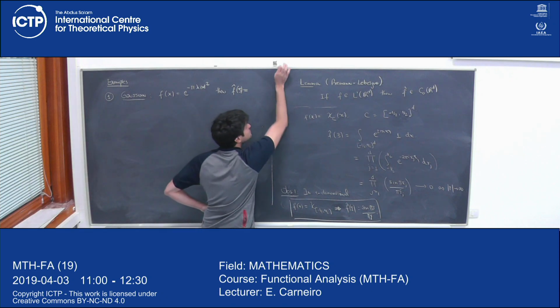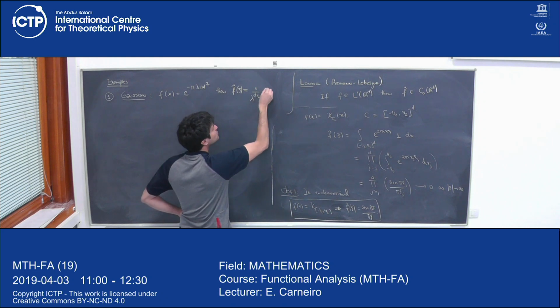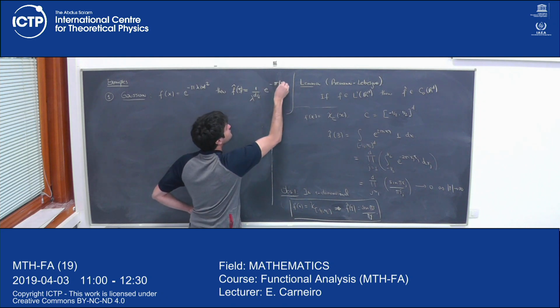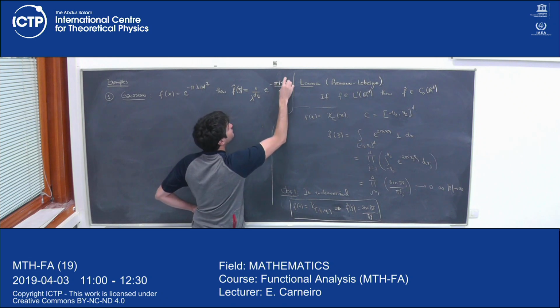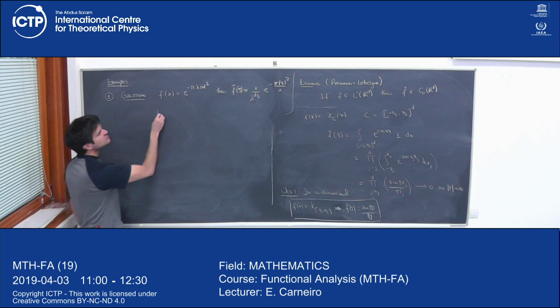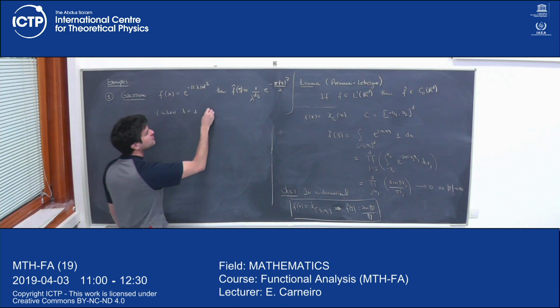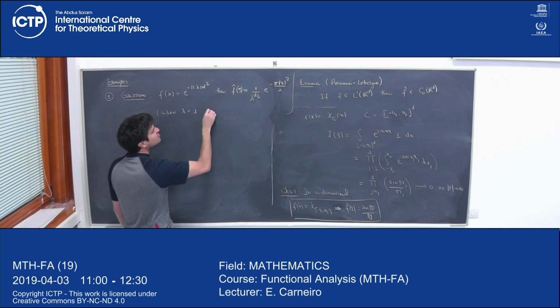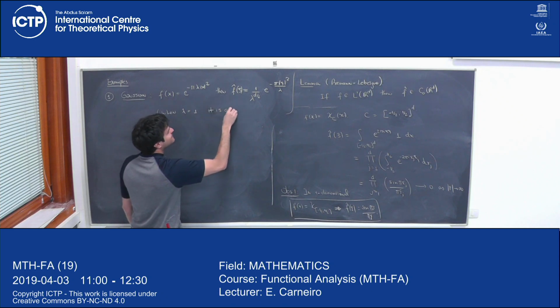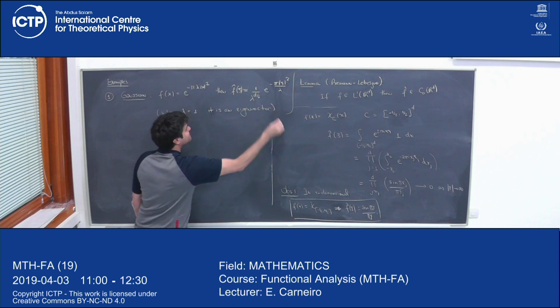And this is just, let's say, 1 over lambda to the 1/2 times e to the minus pi xi squared over lambda. So when lambda is equal to 1, it is an eigenvector.